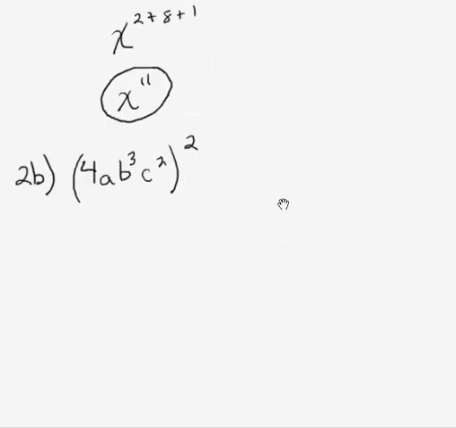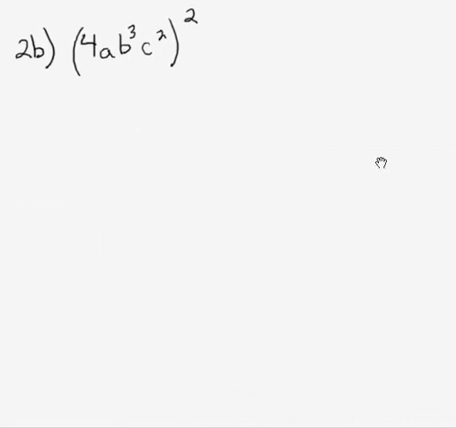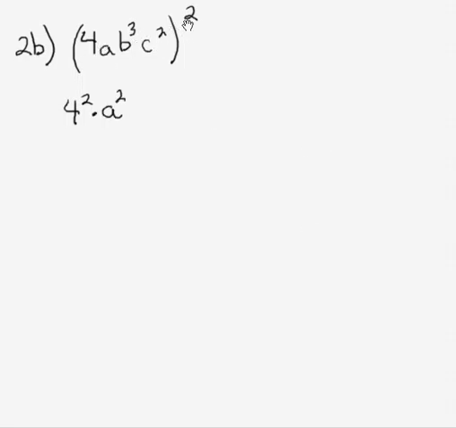All right, let's look at another one. We have a monomial, that quantity being squared. So what we're going to do is take the constant and square it. We're going to take the a to the first and square that, which is a squared. We're going to take the b cubed and square that. We're going to take the c squared and square that.